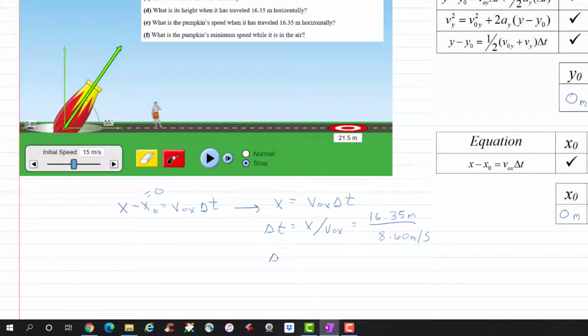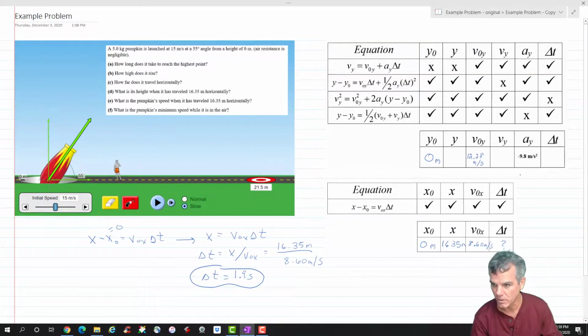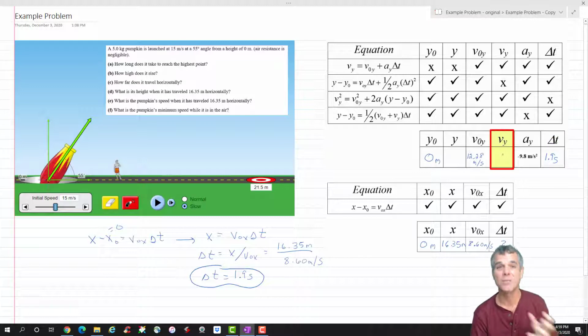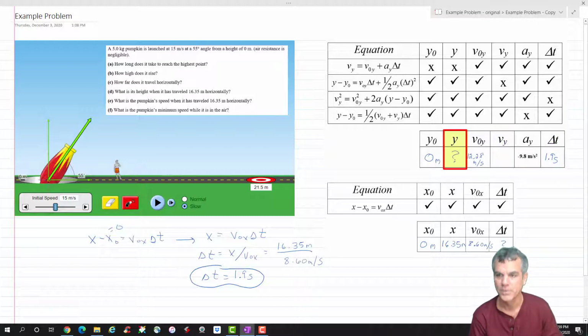What we get is it takes 1.9 seconds to travel a distance of 16.35 meters horizontally. And now what I can do is figure out what is the y value, what is the height at 1.9 seconds. So now I know my elapsed time is 1.9 seconds. Vy I don't have, but I don't need at this point, and y is what I'm looking for.